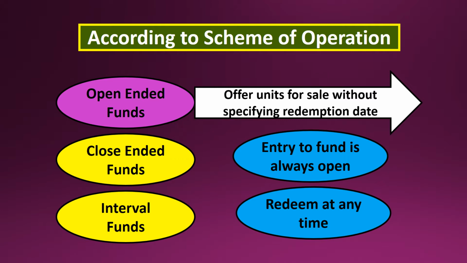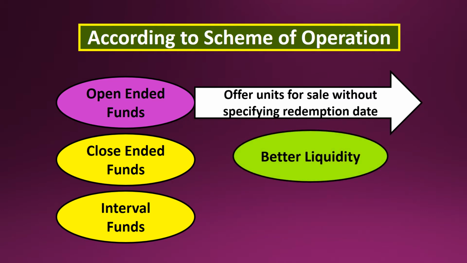The fund redeems or repurchases the units or shares at periodically announced rates. These repurchases are based upon the net current asset value of the fund. Hence, we can say that open-ended funds provide better liquidity to the investors.